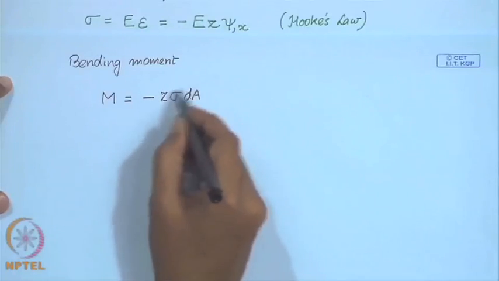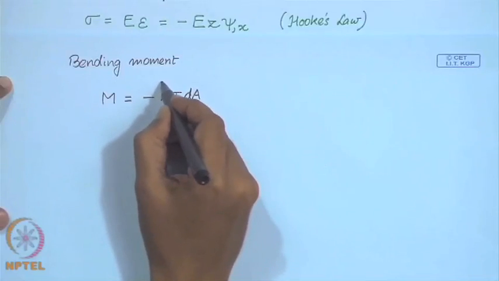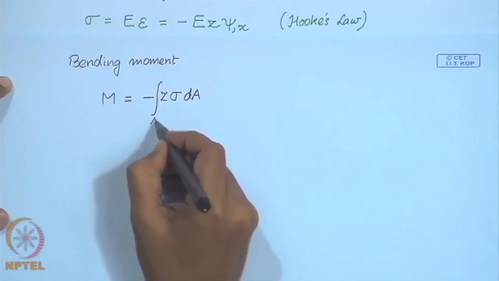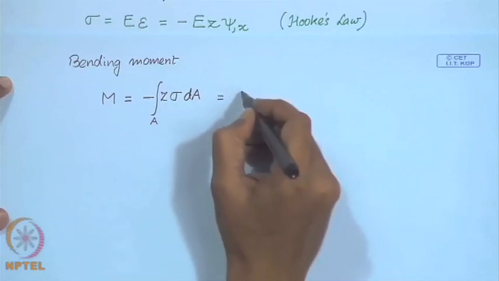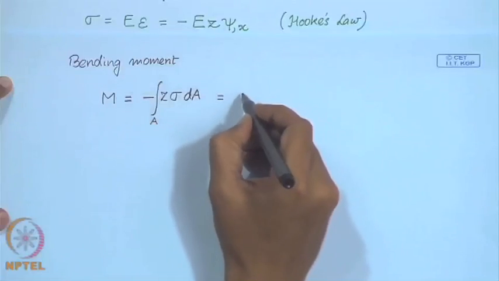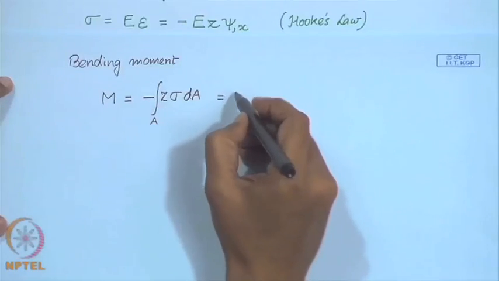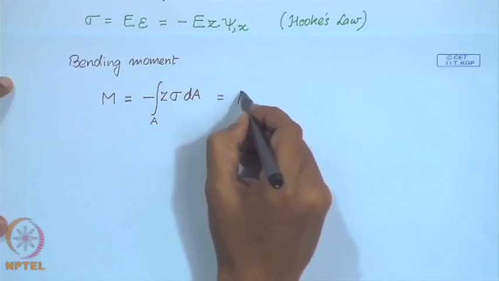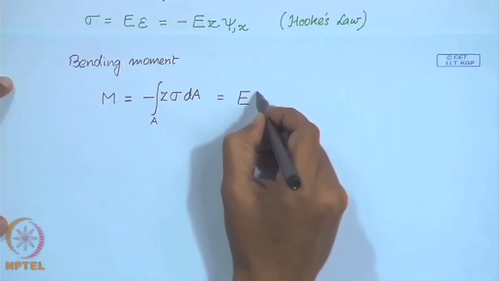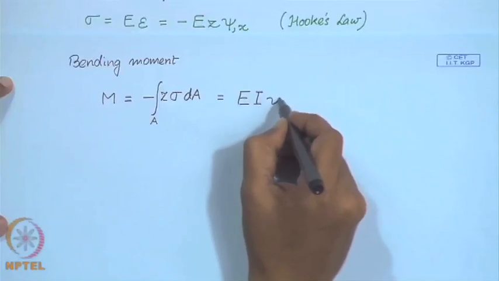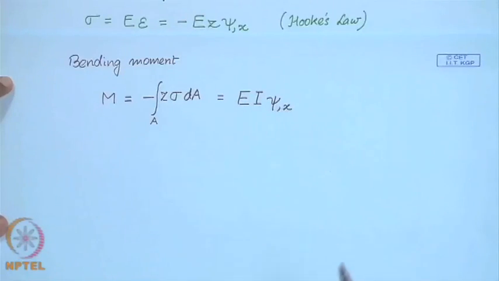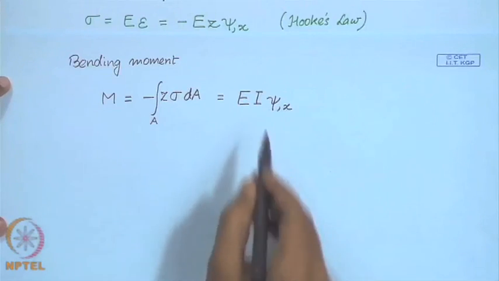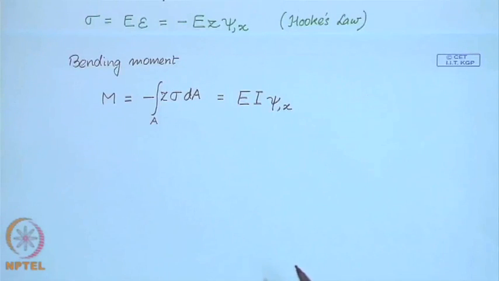So, z cross the force, so that integrated over the area, and then if you substitute this expression of sigma, then you can easily see, the way we have done before, the bending moment turns out to be E I del psi del x.